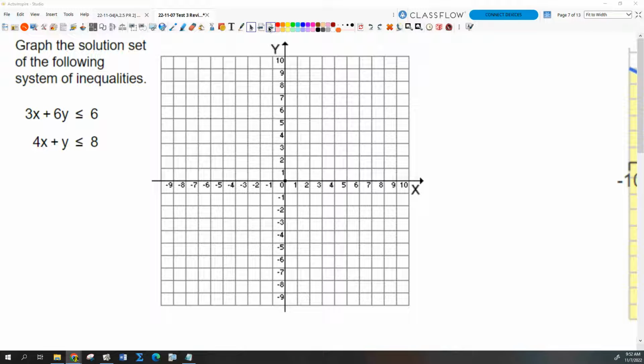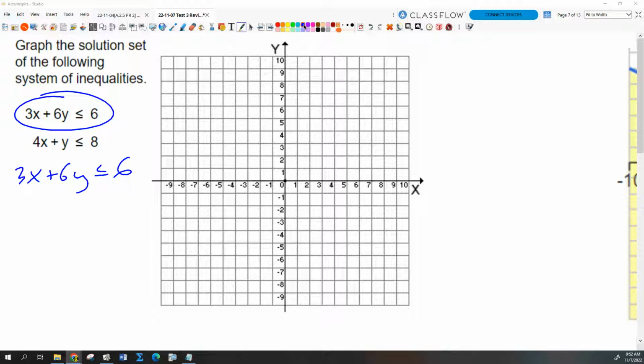Okay, so now let's graph a system. If we're going to graph a system, what's our process here? Okay, good. We got to isolate y, don't we? So let's take this first one. This will be, how about our blue one? So if this is blue, I got to isolate the y. Let's just do the work right here. How about 3x plus 6y is less than or equal to 6.